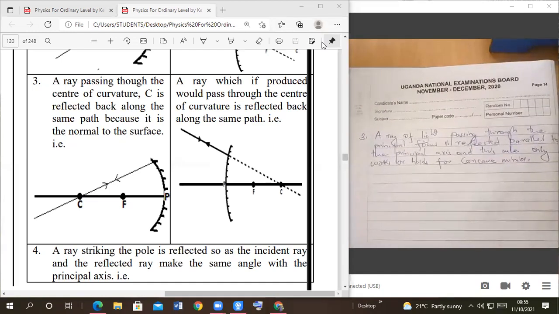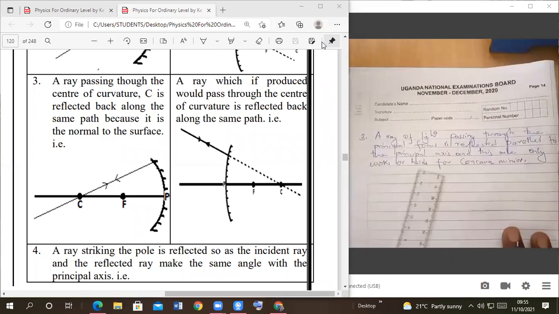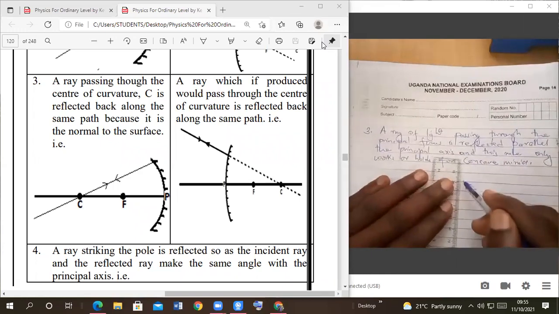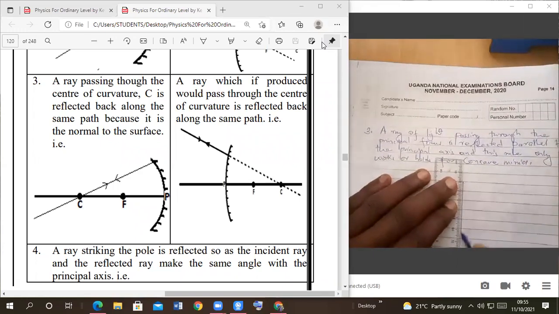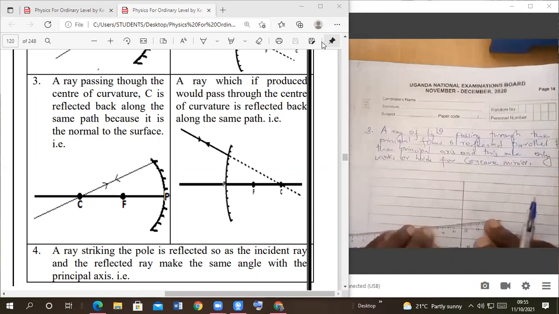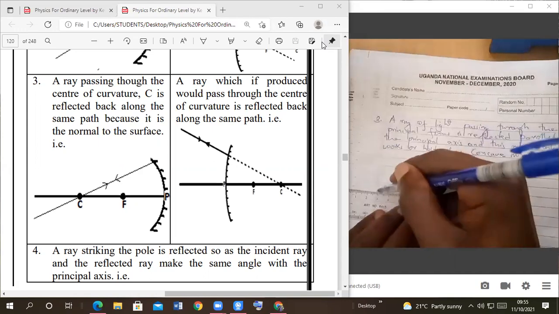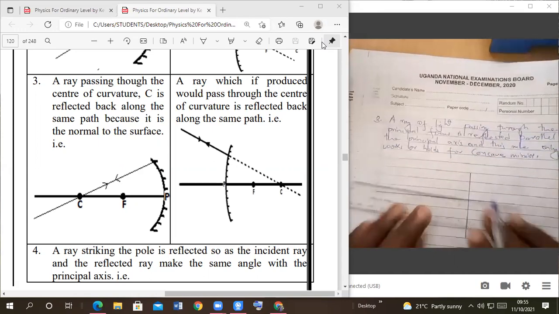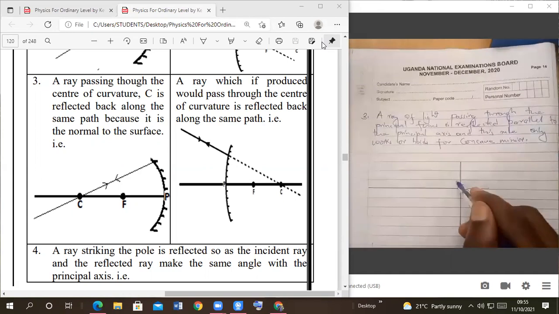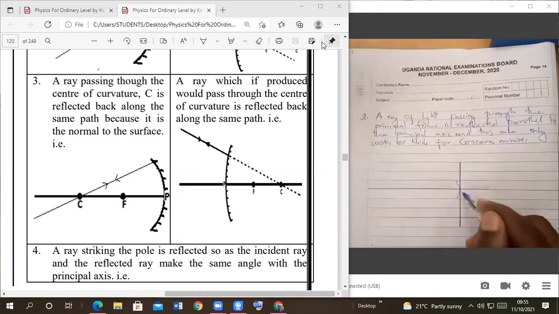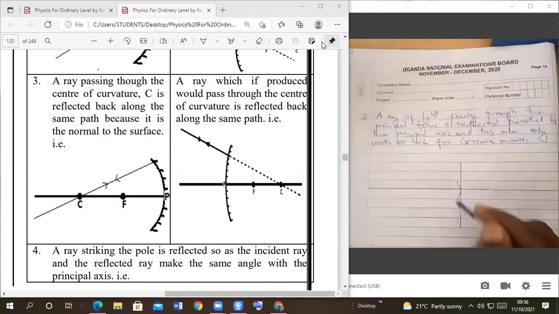Yes. So let's look at that. So if this is my mirror, this is my principal axis. I just put a small curve there to show which type of mirror it is, like that.